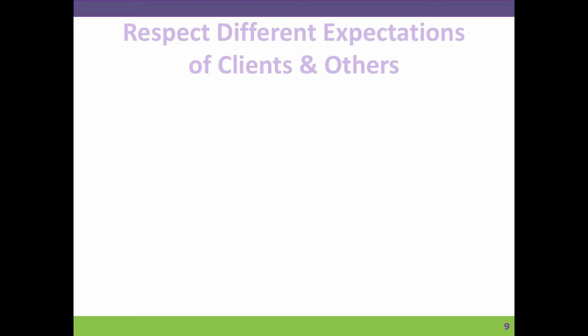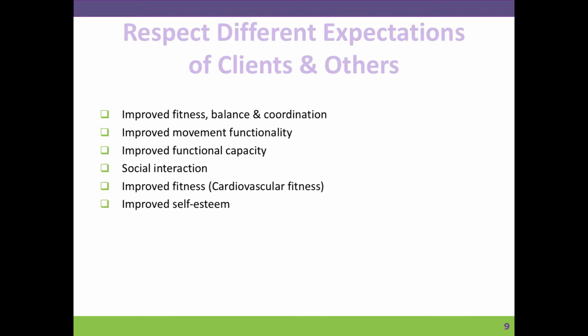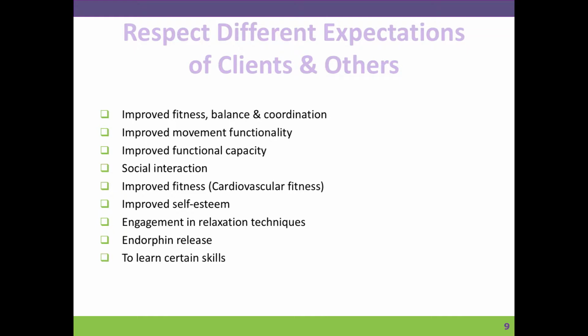These may include things such as improved fitness, balance and coordination, improved movement, improved capacity, social interaction, improved cardiovascular fitness, improved self-esteem, engaging in relaxation techniques, the release of endorphins to make the client feel better, learning specific skills, and seeing specific health outcomes. It's important that you respect the different expectations of clients, their significant others and staff for the client's participation in the leisure and health programs.